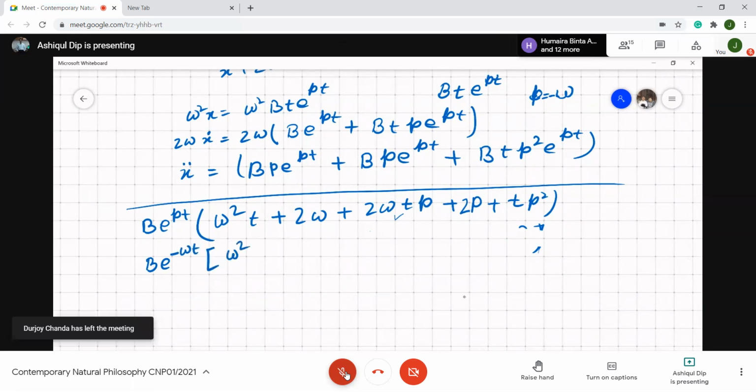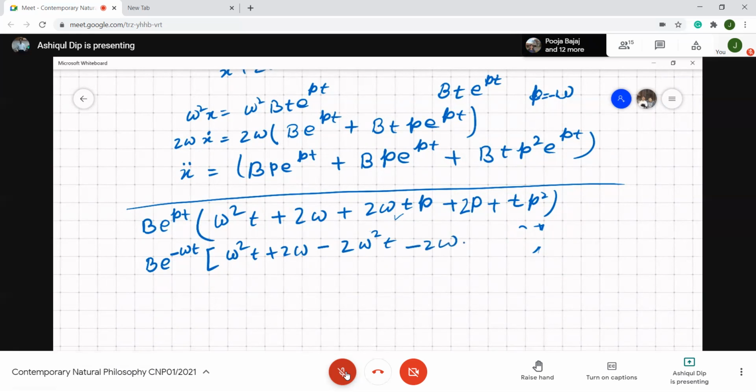So omega squared t plus twice omega, which should be negative 2 omega square t, plus minus 2 omega, minus this would be plus t omega squared, right?